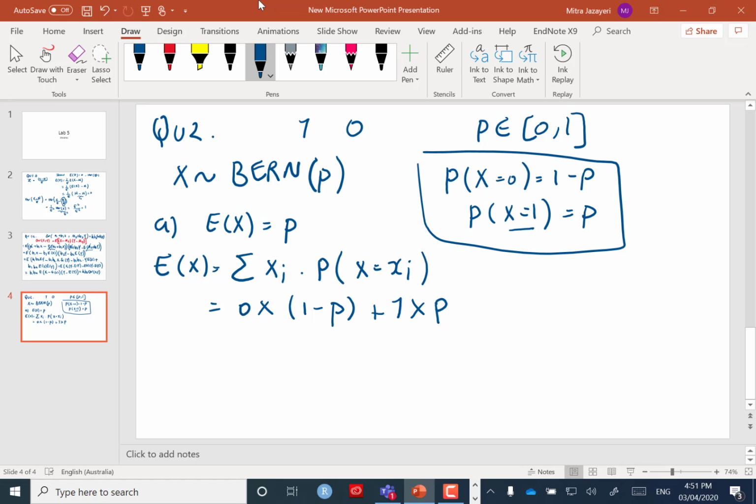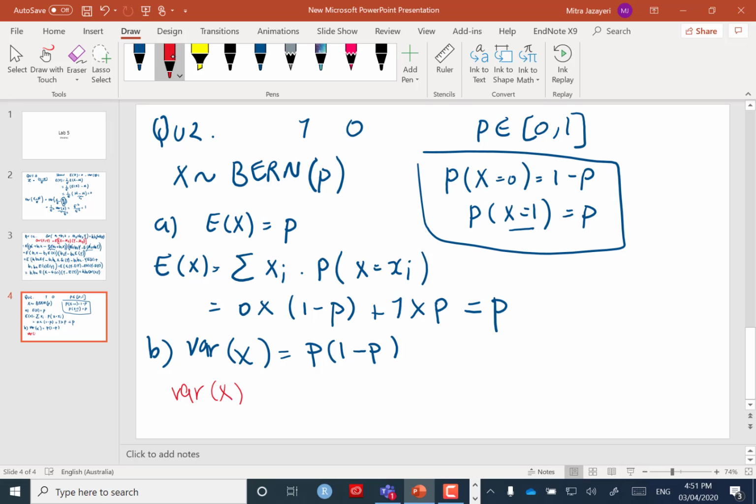For part B, it says show that variance of X is equal to P times 1 minus P. So the formula for the variance was what? Variance of X is equal to the sum of xi squared times probability of X equal to xi, minus mu squared.